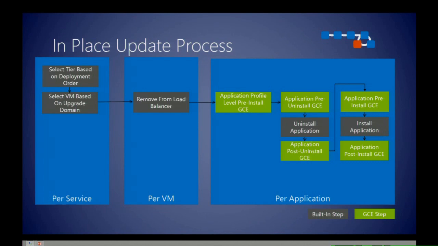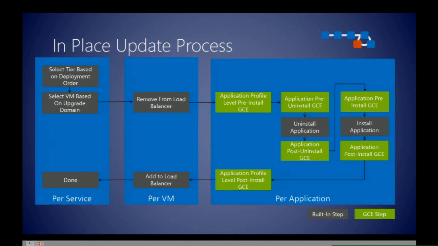But essentially it's going to remove the application that's there and add the new application, running the proper scripts in between. Then it's going to do the post-install script again, and then it's going to add it back to the load balancer, if it was in the load balancer, obviously. And then it's done. Now, this is what's called the in-place update process.